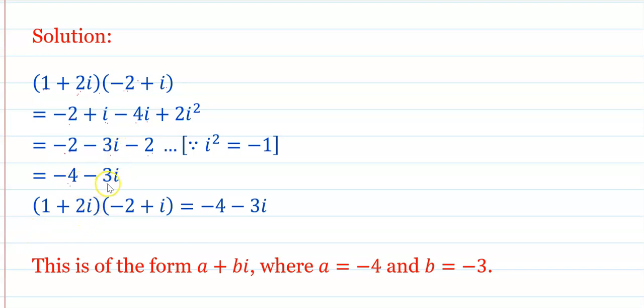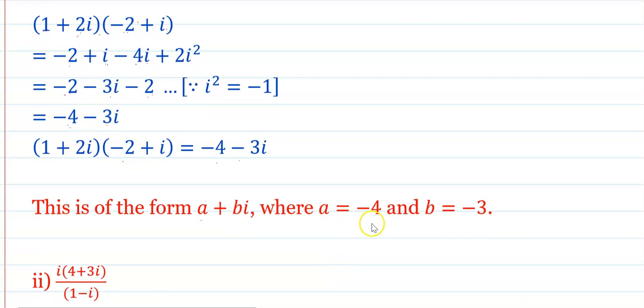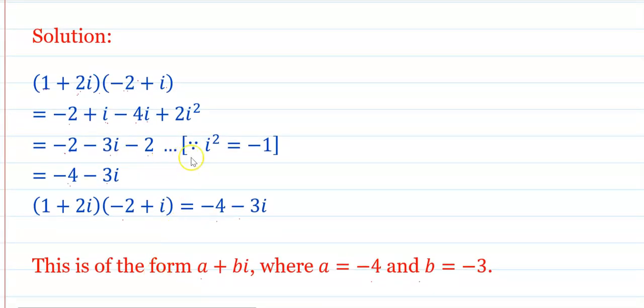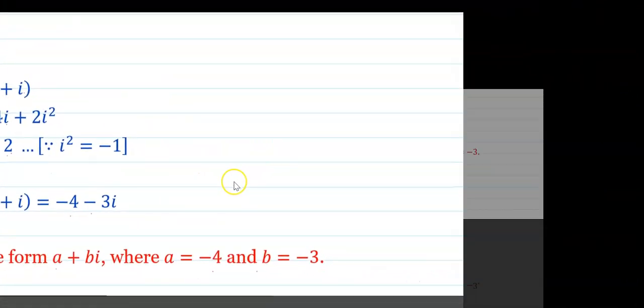Minus 4, minus 3i. And hence, the product of 1 plus 2i into minus 2 plus i is equal to minus 4, minus 3i. This is the form of a plus ib, where a is equal to minus 4 and b is equal to minus 3. Okay. Simple multiplication करणार, i square is minus 1.